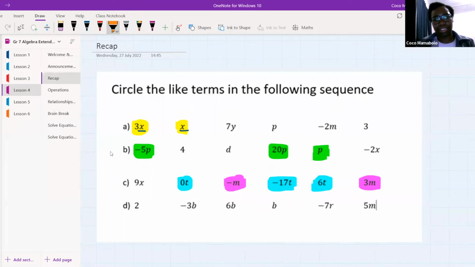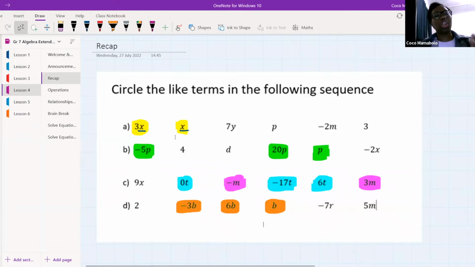It's -3B. Good, -3B. Is it 6B? I can't see it because my hand is here. It's 6B, no issues. And the last one? And the last one, it's B. Oh, excellent. Great stuff. Very well done. Thank you. Okay. Awesome. All right.